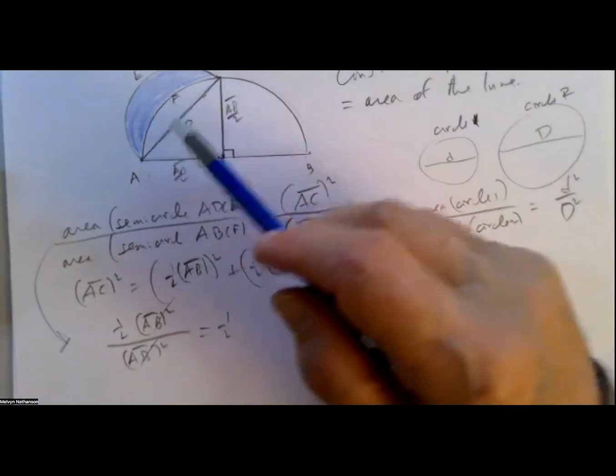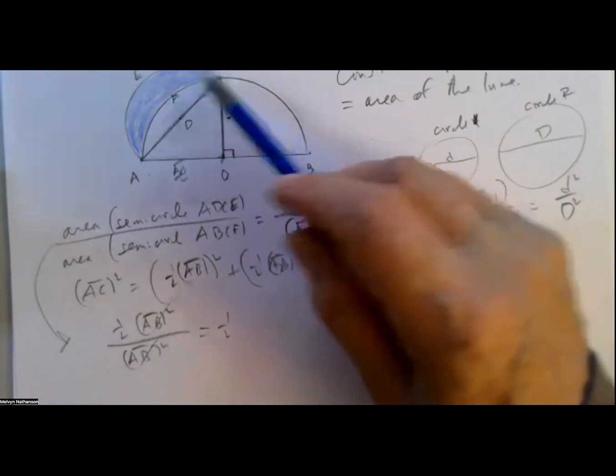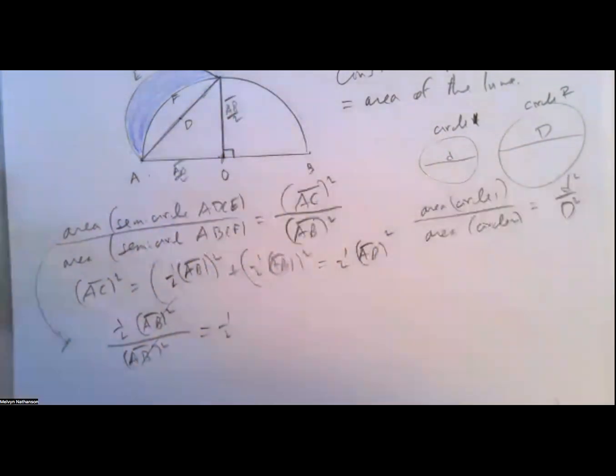So the semicircle ADCE has half the area, exactly half, of this semicircle.